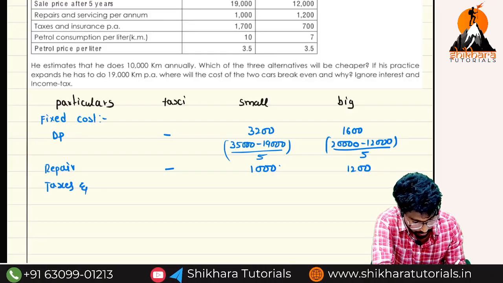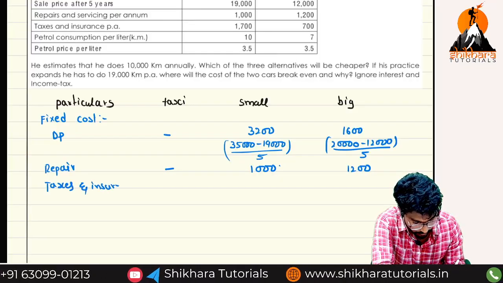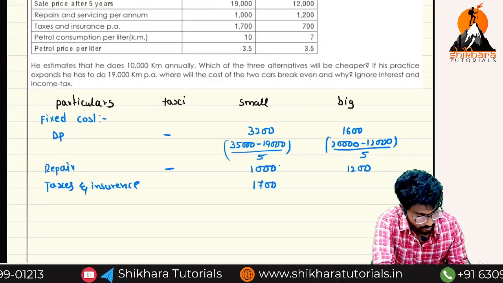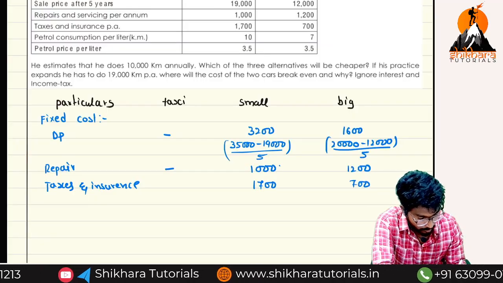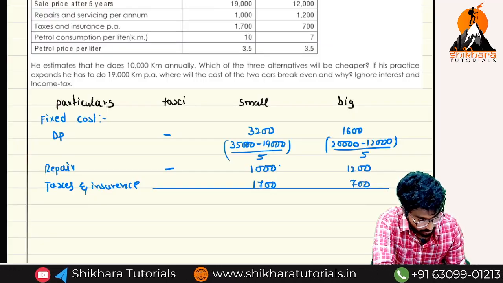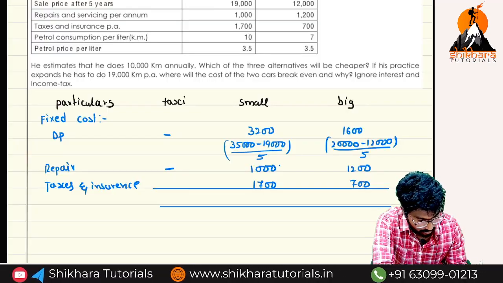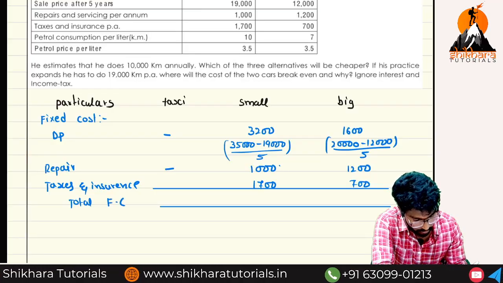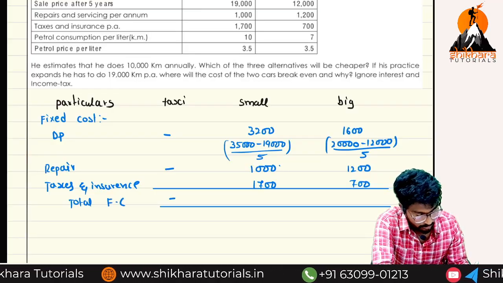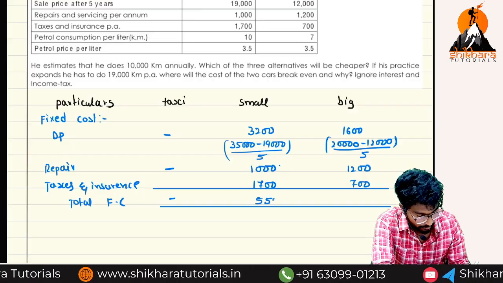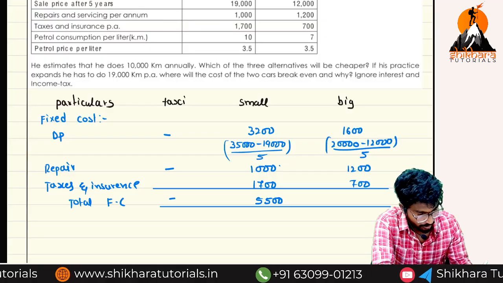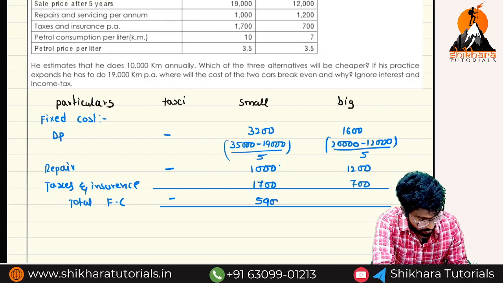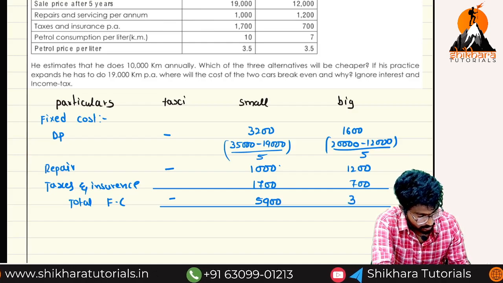Taxes and insurance, how much is it? 1,700, 700. Now tell me, what is the total fixed cost? Nil, 5,500, 900, 5,900, 3,500.